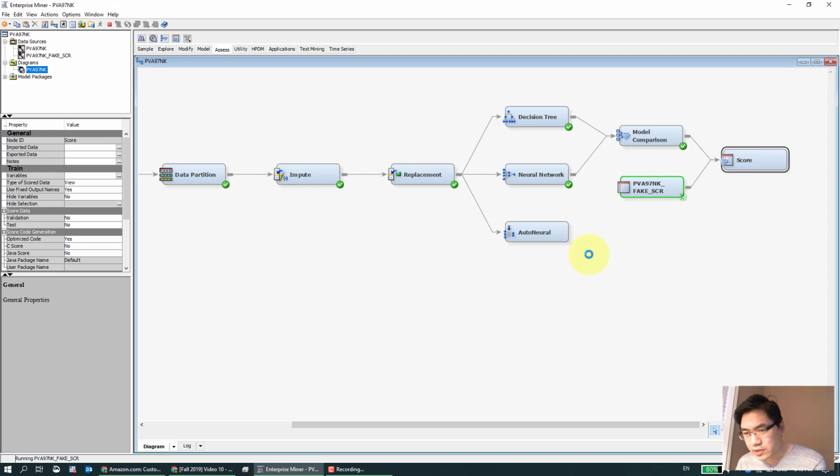It indicates that there is something you have to check and make sure those issues are cleared. It takes some time for the score process to complete.